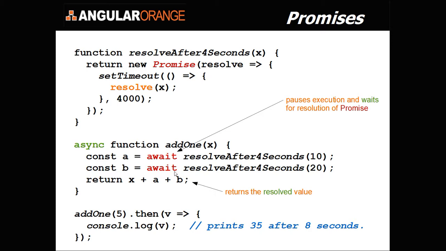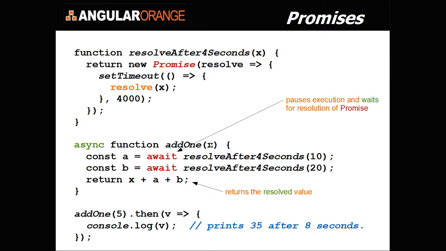Okay, so then after 8 seconds, constant B is then defined. Because I waited 4 seconds for this to give me a 10 value in this A variable, and I waited 4 seconds for this function call to give me a 20 in this variable. And so now I'm adding 10 plus 20.